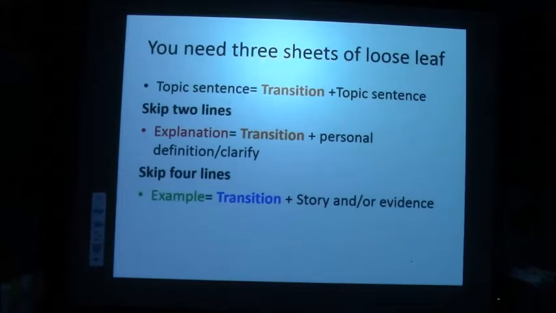Okay? And then when they get ready to rough draft their explanation and example, they put it on that sheet of loose leaf along with the exemplification of the example, and then they will write their closing sentence.